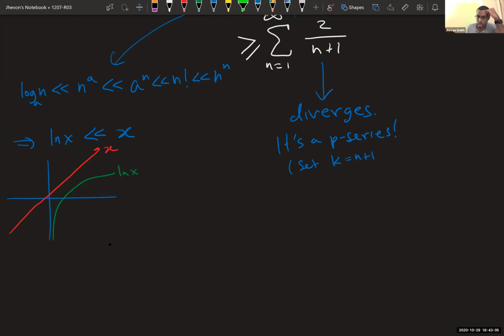So I would say something like diverges, it is a p-series. But I have to be careful. I don't want to divide by 0. How do I know? If I go from 1 to infinity of 2 over n plus 1, this is going to be equal to, when I plug in n equals 1, I would get 1 plus, then I can start this from n equals 2, 1 over n plus 1.